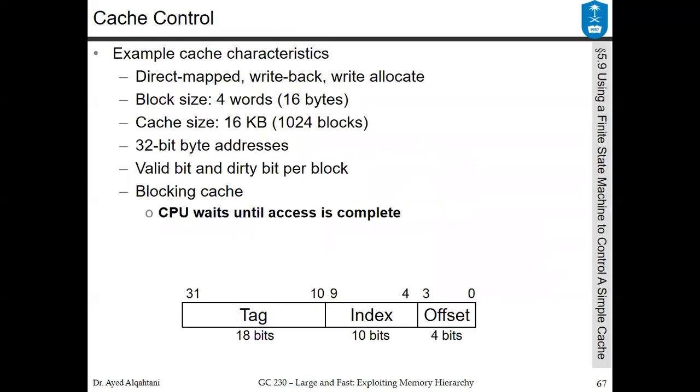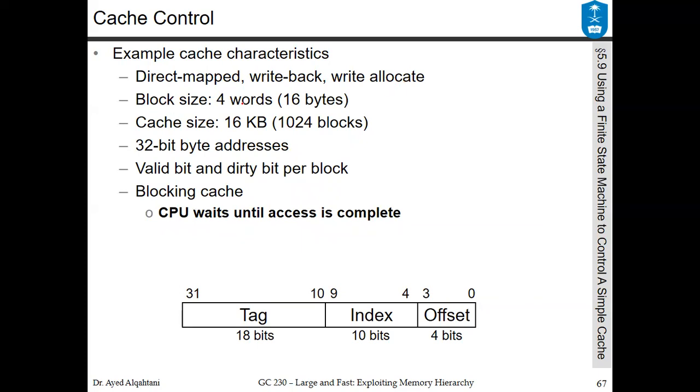Now, we are moving to the cache control, and this is actually like a revision of what we've studied so far. This is an example cache characteristic. You have a direct map cache with write back and write allocate.